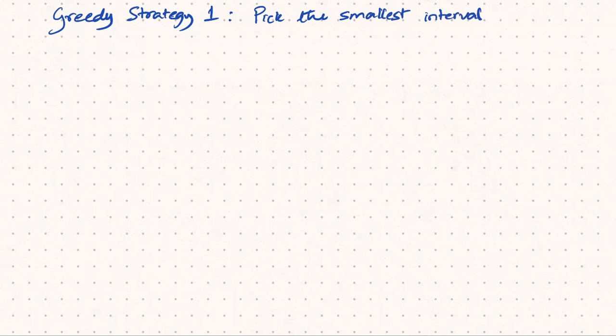Okay, and we do it recursively, right? So what we'll do is we'll pick the smallest interval, and once we pick an interval, there may be some intervals that overlap with them, right? There'll be intervals that overlap with the picked intervals, and we have to definitely discard those, right?